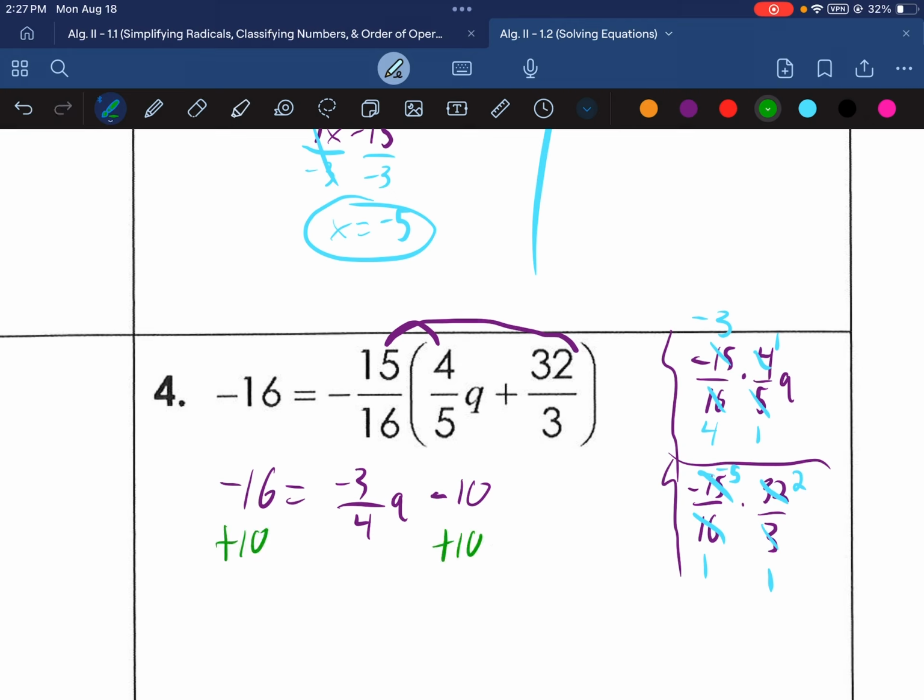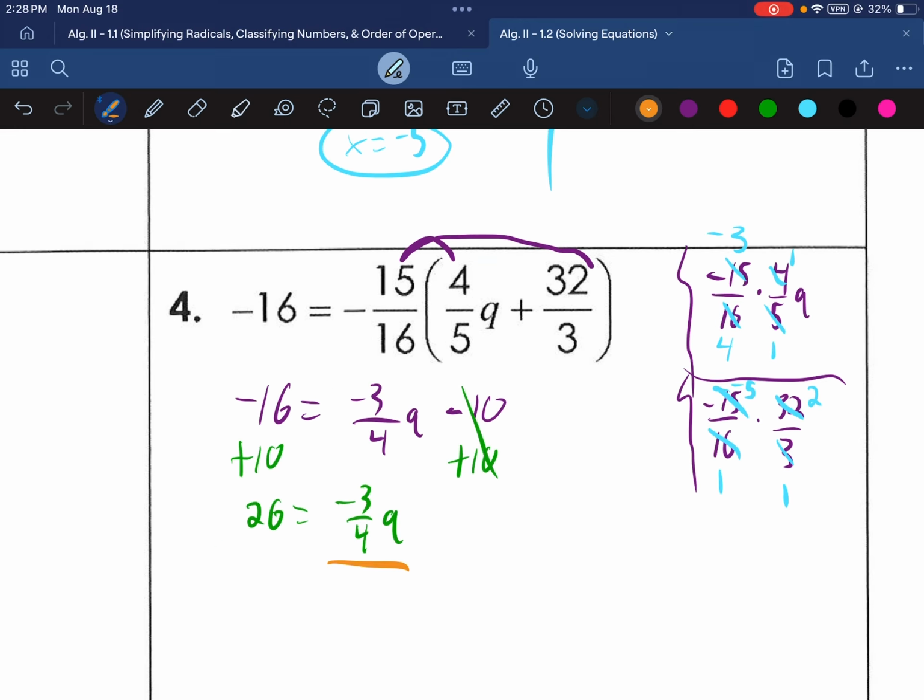So now I'm going to add 10 to undo the addition and move my numbers to one side while my variables are already on the other, and get 26 equals negative 3/4 times q. And anytime you have a fraction multiplying with a variable, to undo that, you'll multiply by the reciprocal. Typically, we'd look to divide, but if we divide by this, that creates a double-decker fraction, as I like to call it, or multiple fractions in a row. And that gets really messy really fast.